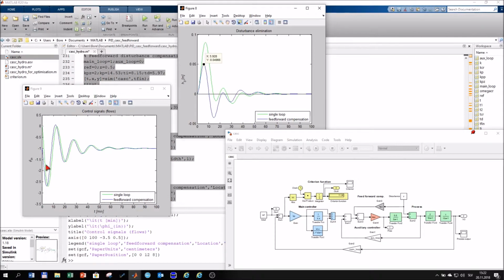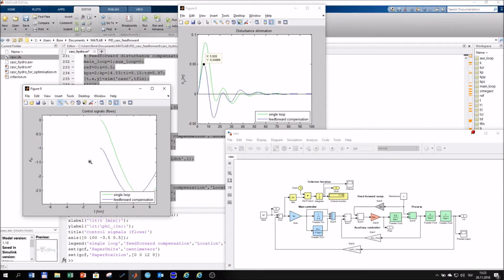Another window shows the responses of the control variable. This is the signal at this place in the scheme. Again, the green curve is for the single loop and the blue for the feed-forward compensation. Both responses are rather similar, but the big difference happens in this initial part.